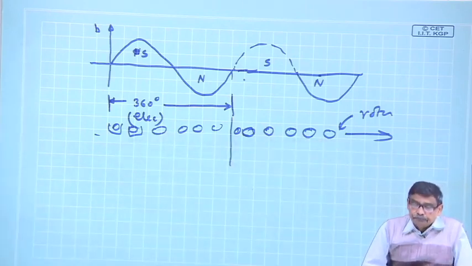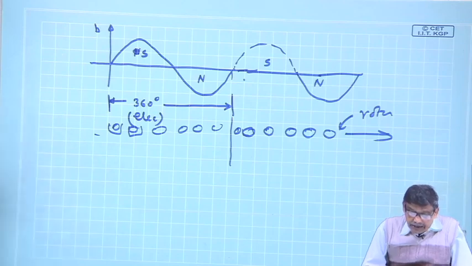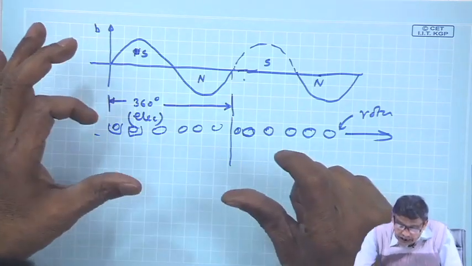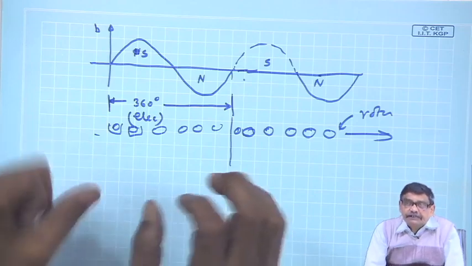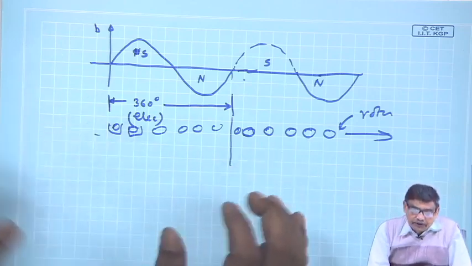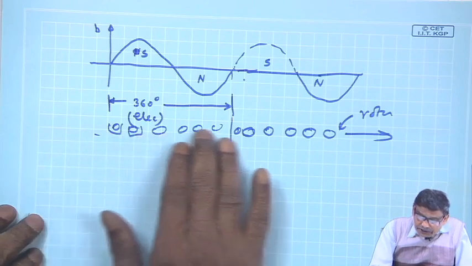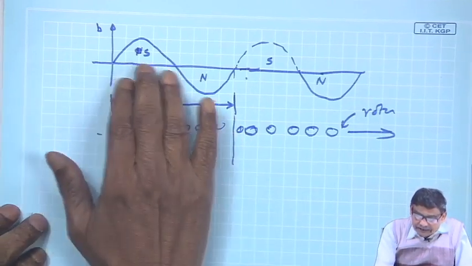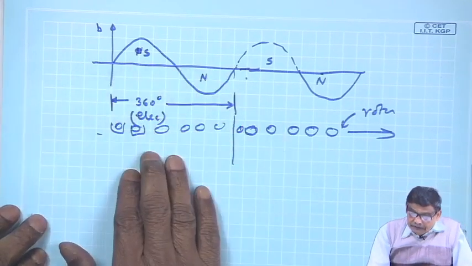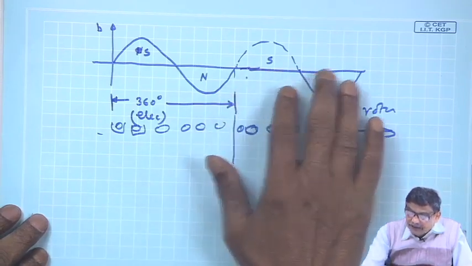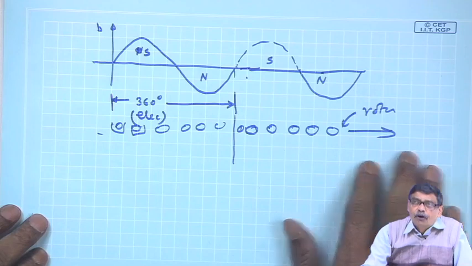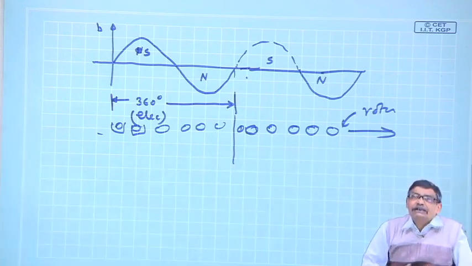But what I am saying is, if you take a snapshot at a particular time and freeze the time there, then the distribution of the currents under this pair of poles and under the next pair of poles will all be identical. Why should they be different?